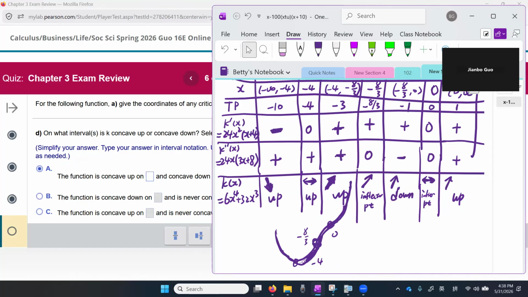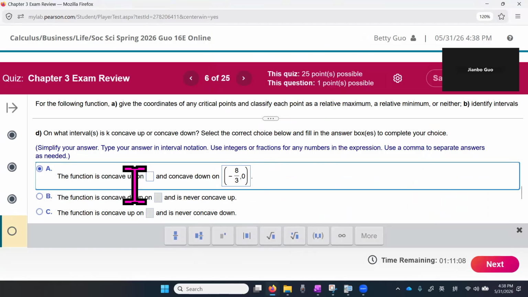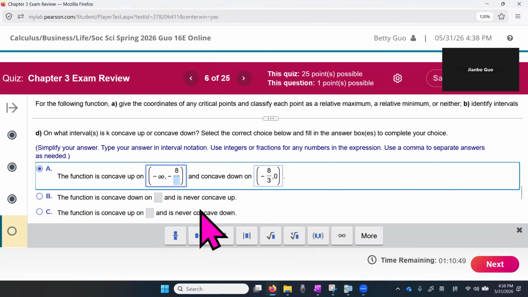Okay, so we have negative infinity to negative a over 3, and 0 to infinity.